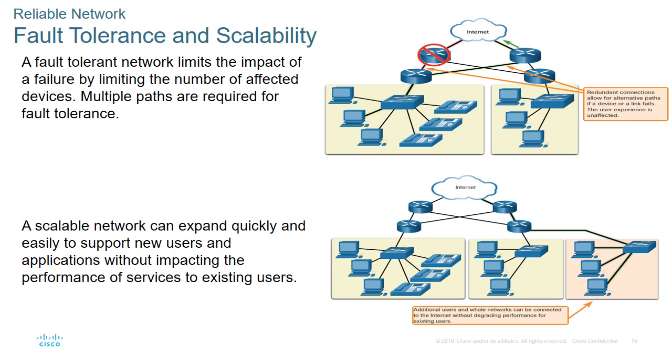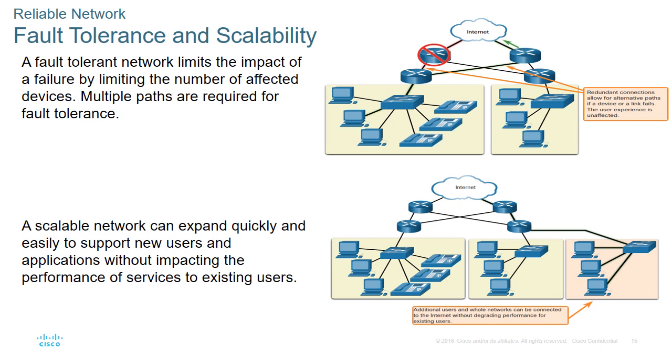If you see a fault tolerant network, it limits the impact of a failure by limiting the number of affected devices. If you see here, there are two networks. These two networks are connected with its gateway. The gateway is connected with another router. If you see, all the four routers are connected together. Why are all the four routers connected together?